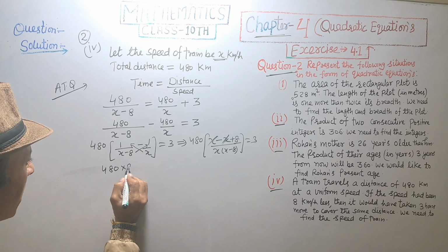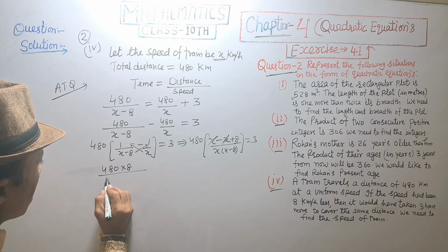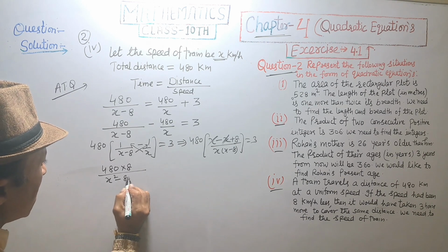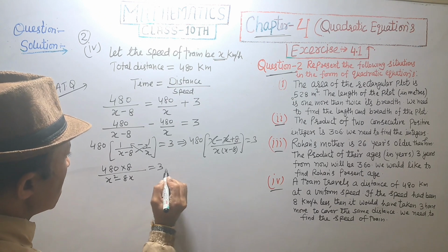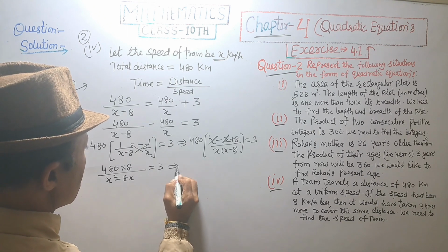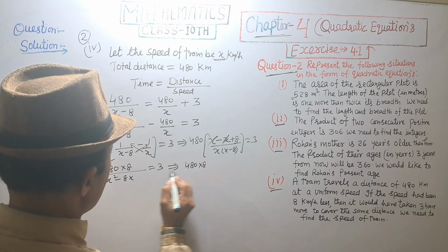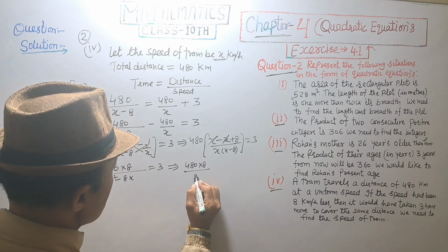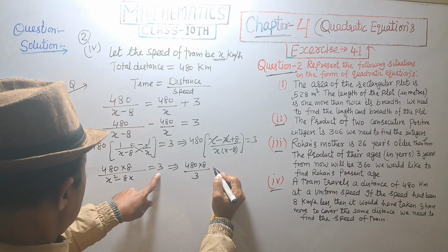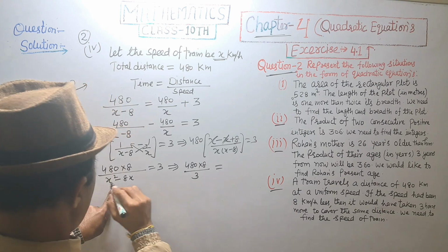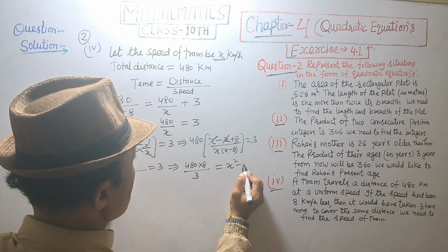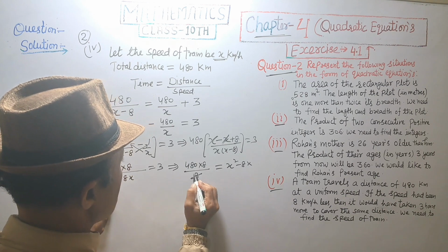480 multiplied by 8 divided by x square minus 8x is equal to 3. This implies 480 into 8, 3 divides here, and x square minus 8x is on the right side.